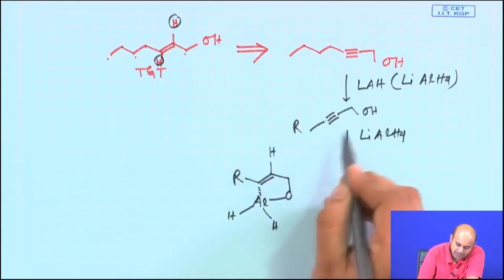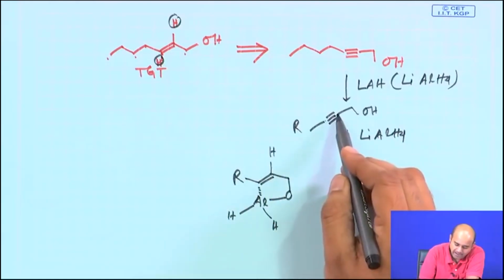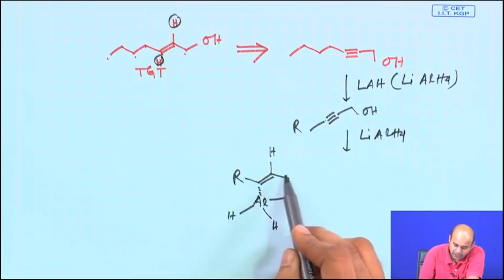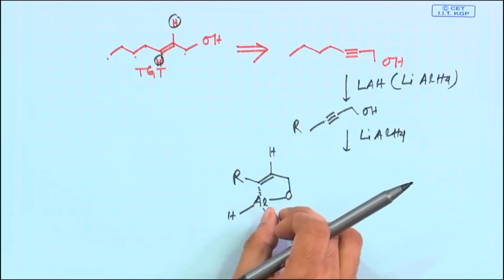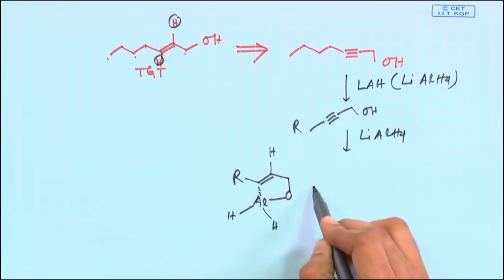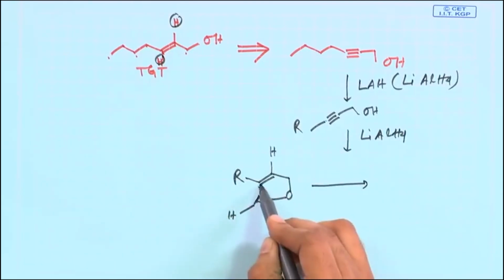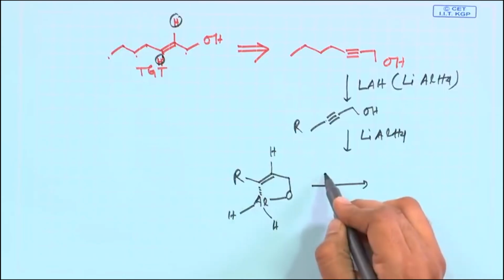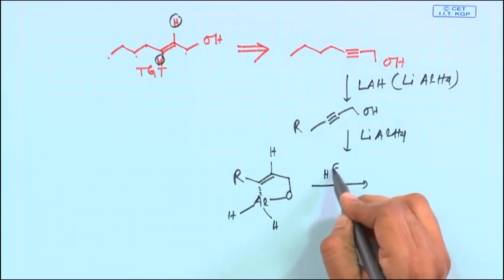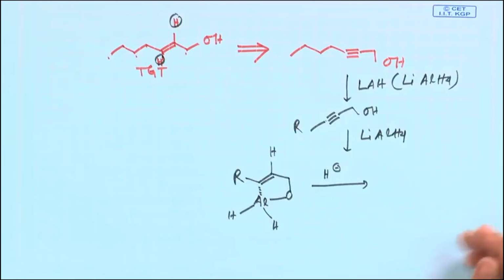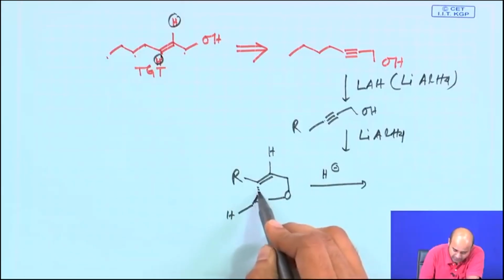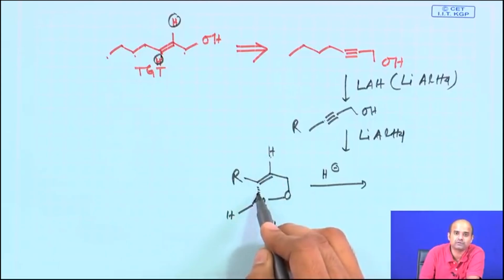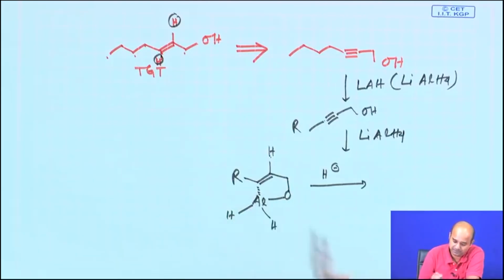Now, this cyclic aluminate basically has to be on the same side. That is why when you next cleave this carbon aluminum bond by another round of hydride or another nucleophilic or electrophilic species, this particular hydrogen and this hydrogen become trans to each other. That is the main thing.